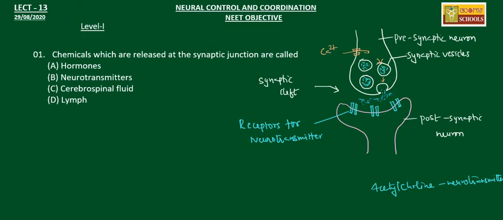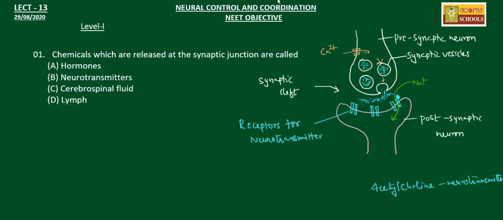These neurotransmitters bind to the receptors on the postsynaptic neuron, which results in the opening of channels and the movement of sodium ions into it, resulting in depolarization. This is what we call a chemical synapse.